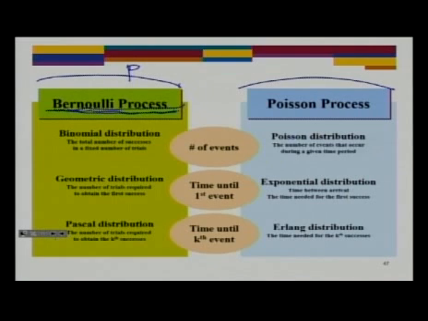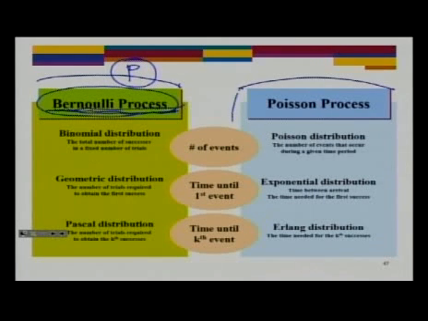Is that right? Bernoulli trial always has either of two outcomes, either success or failure, with certain probability p of being a success. So when you consider the Bernoulli process, you always consider the probability of being a success. Okay? So Bernoulli process always deals with probability p.